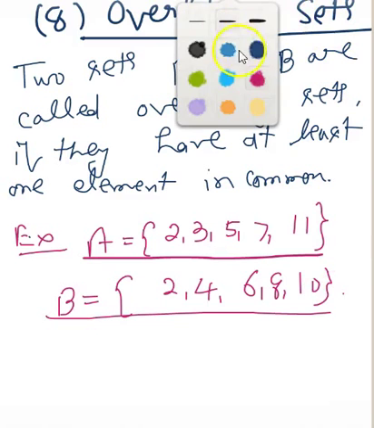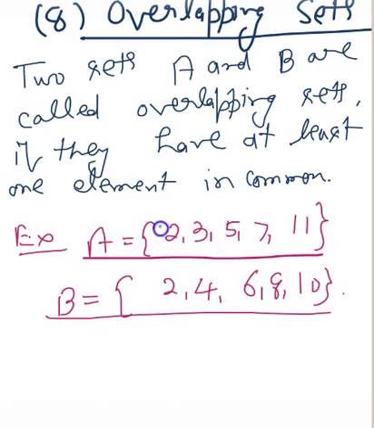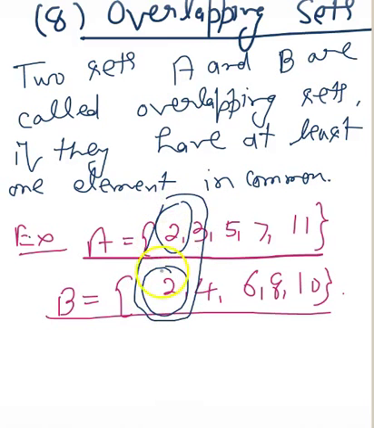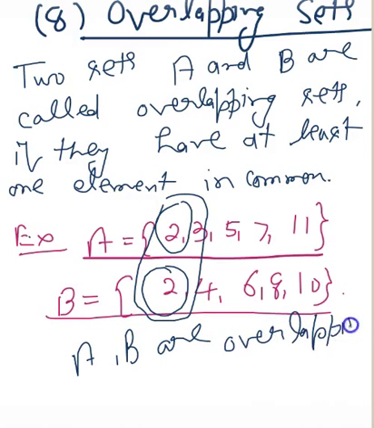If you see, element 2 is in A and the same element is present in B. So this is at least one element which is common in both the sets. So we'll say that both A and B are overlapping sets.